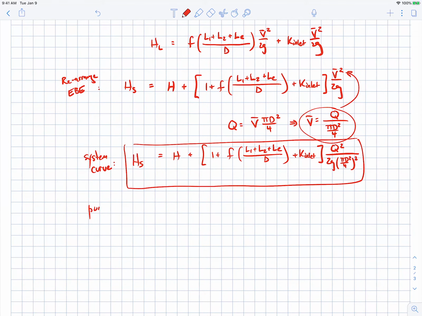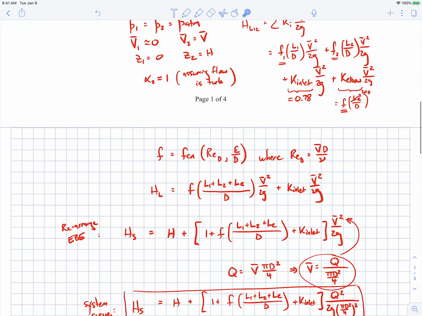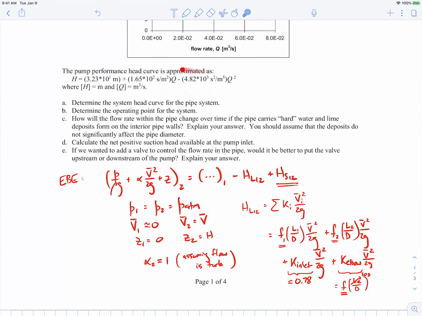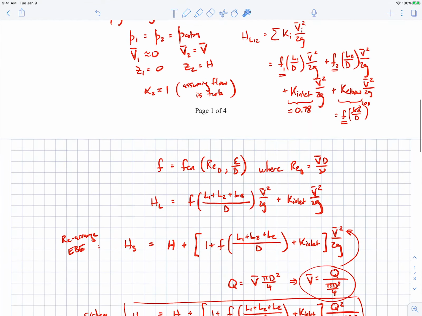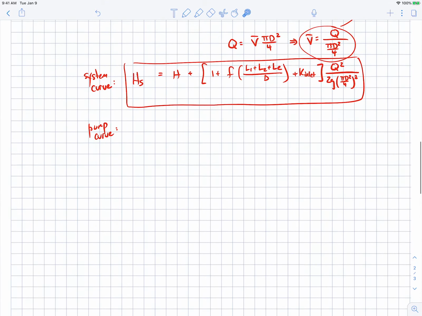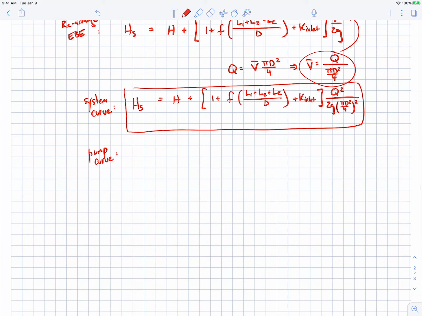So let me just write the pump curve. All I'm going to do here is repeat this equation.